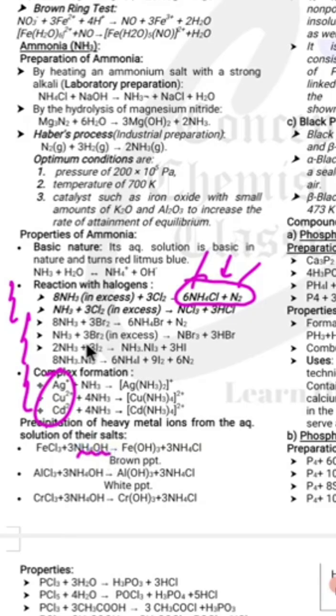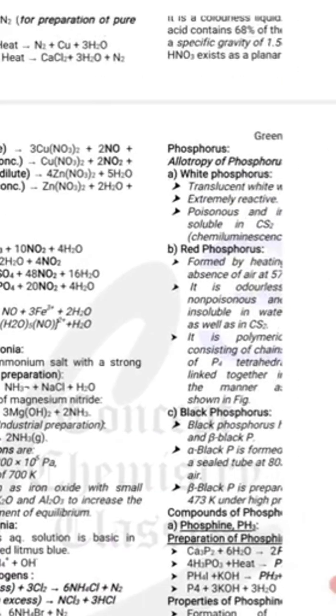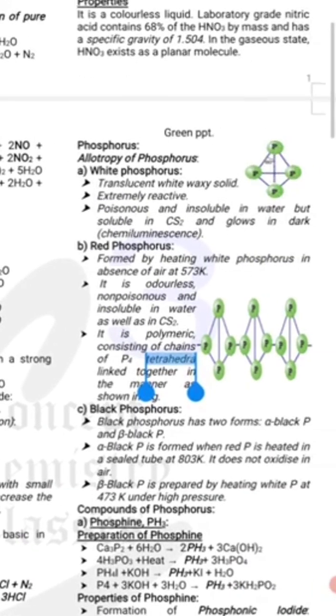Aqueous solution of ammonia produces ammonium hydroxide. This is ammonium hydroxide, that is aqueous solution of ammonia. Okay, then a brown PPT is formed. With aluminum chloride, white PPT is formed, right? Similarly, with CrCl3, sorry, a green PPT is formed, right?